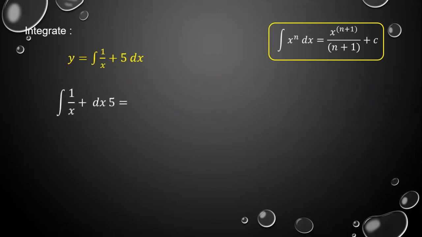Integral 1 over x plus 5 dx. We can simplify as integral x to the power minus 1 plus 5 dx.